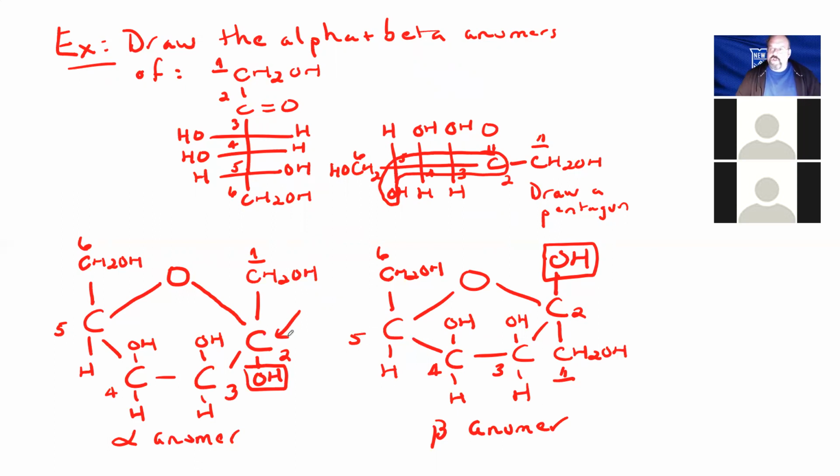In the ring structure, does that carbon have a free OH? The answer is yes. It's right here. And even if you look at the beta form, the anomeric carbon's the same. Where's the free OH? It's right here. So even though this is a ketohexose, I would expect this compound to be a reducing sugar.